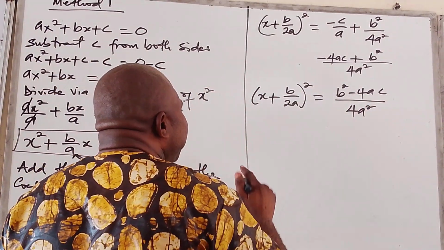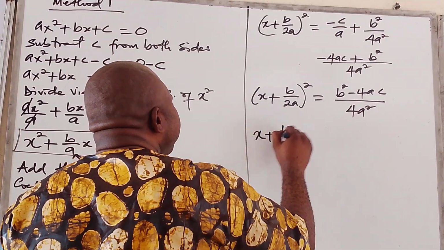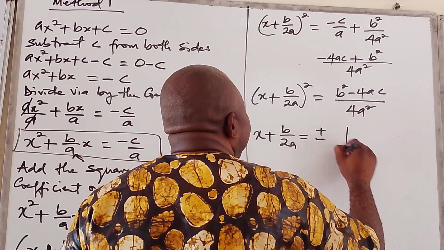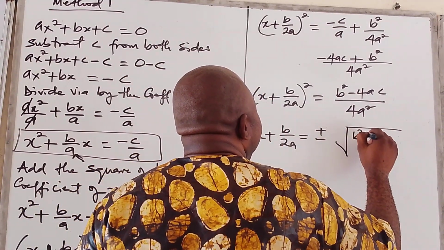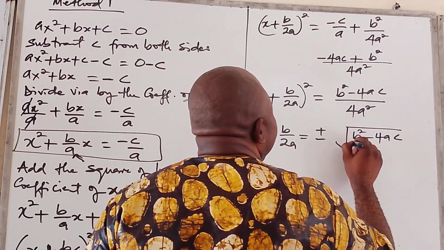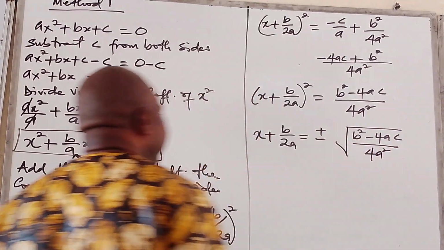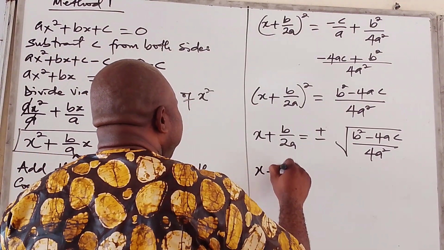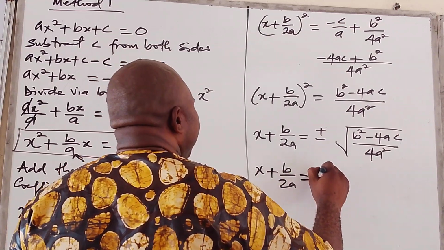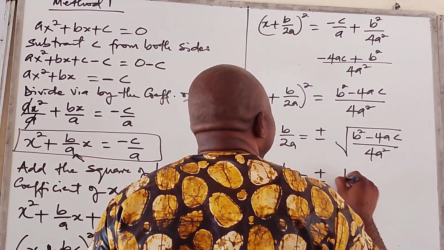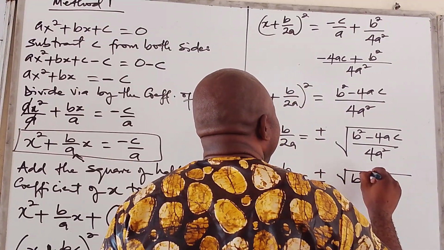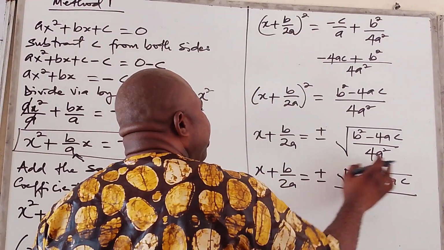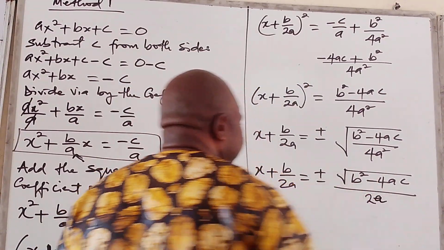So removing the square from the left hand side, we have x plus b all over 2a equal to plus or minus the square root of b squared minus 4ac all over 4a squared. Now the square root of 4a squared is 2a.